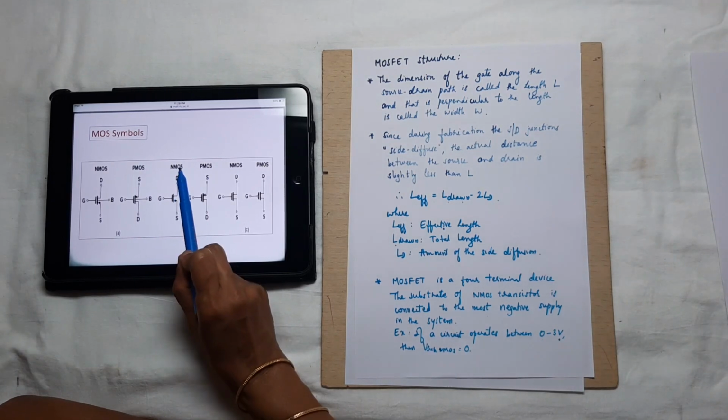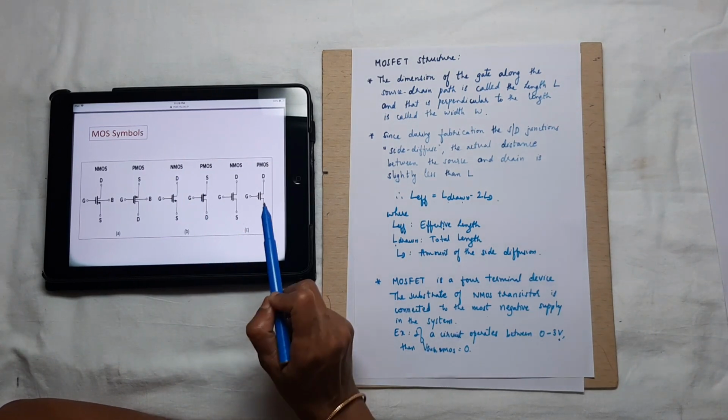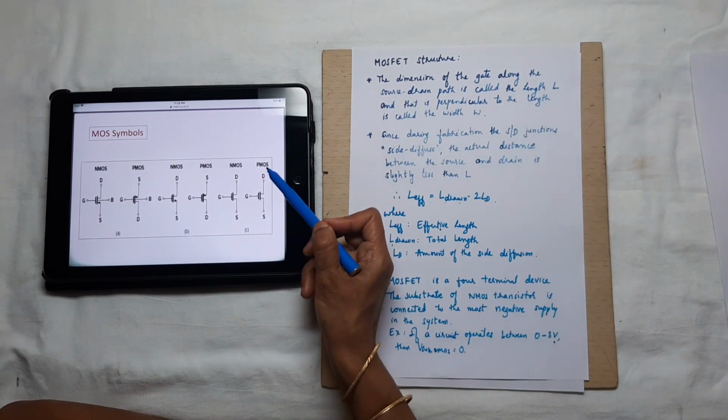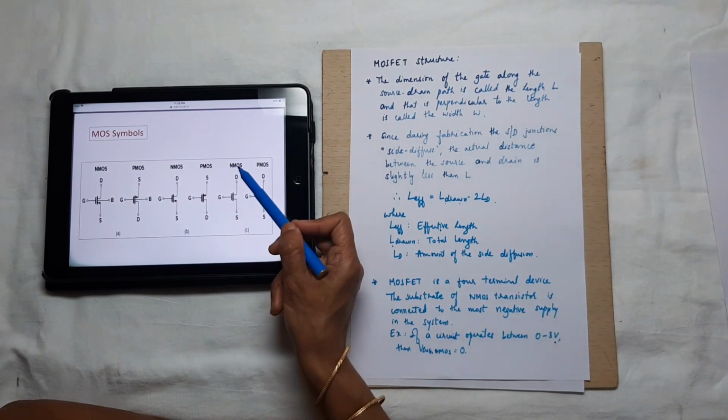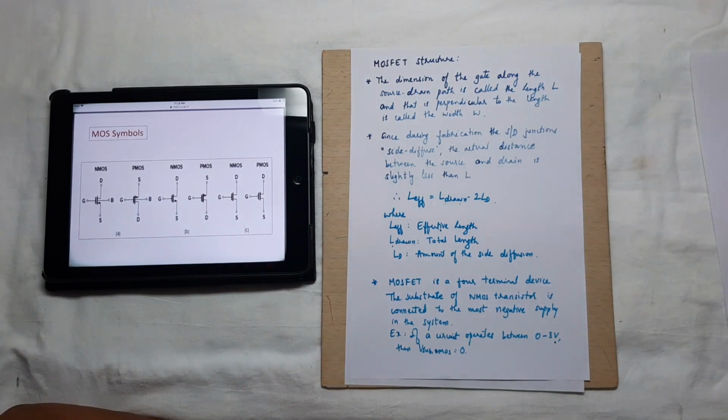Outside arrow mark is an NMOS transistor, inside arrow mark is a PMOS transistor. And this is one more type of representation, where a bubble indicates a PMOS transistor and no bubble indicates an NMOS transistor. This is just a general consideration of the MOS transistor. Next we have to study the IV characteristics.